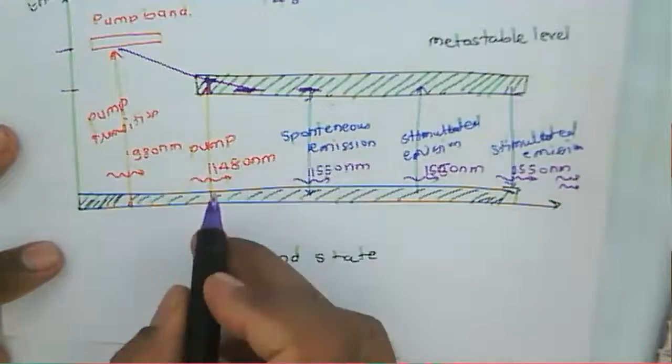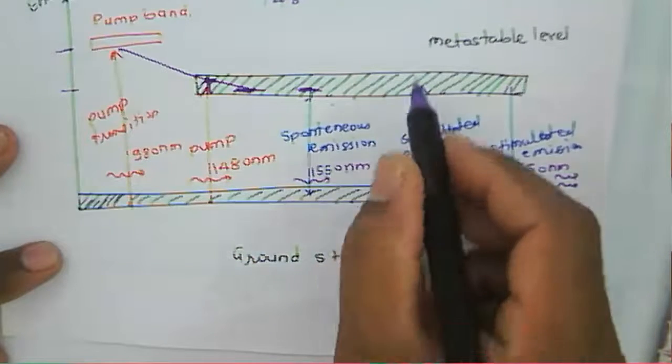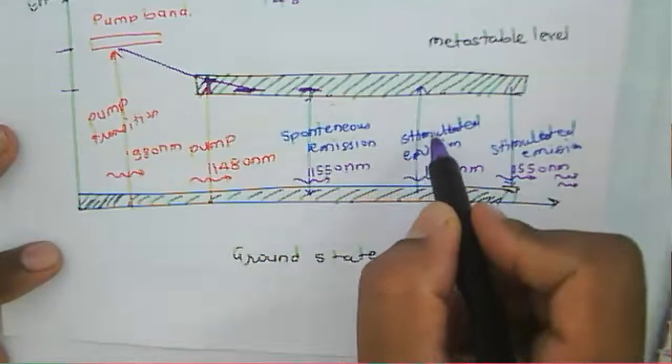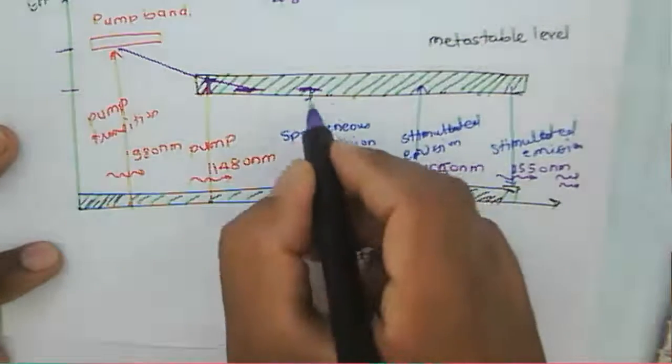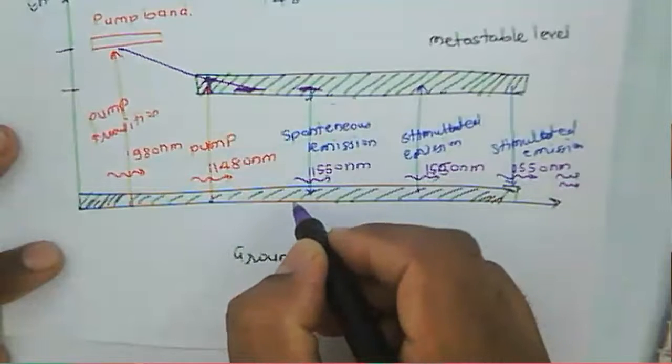Okay, then in another case we have two more transitions. We have the energy corresponding to this particular ground state. Now we can say it reaches the ground state there.